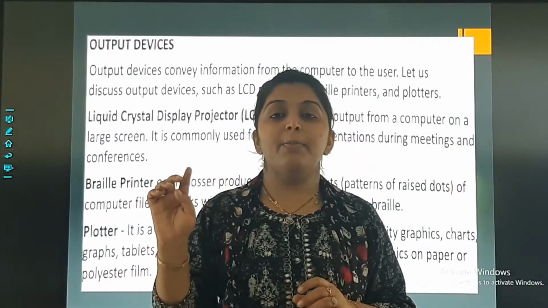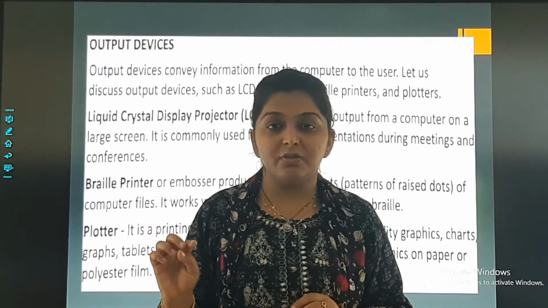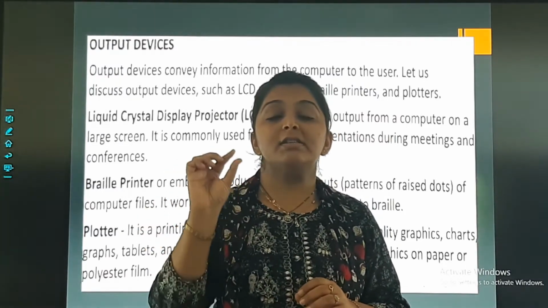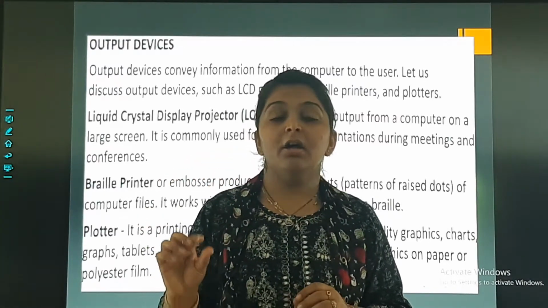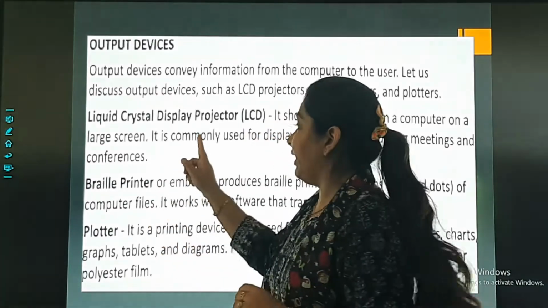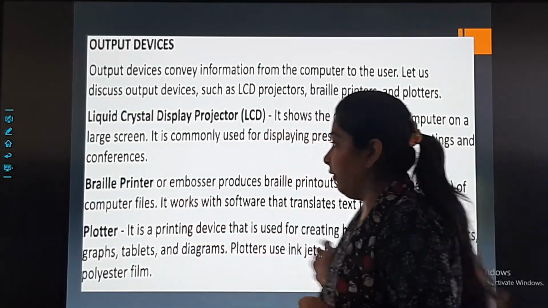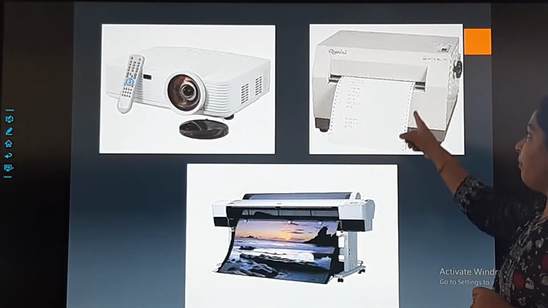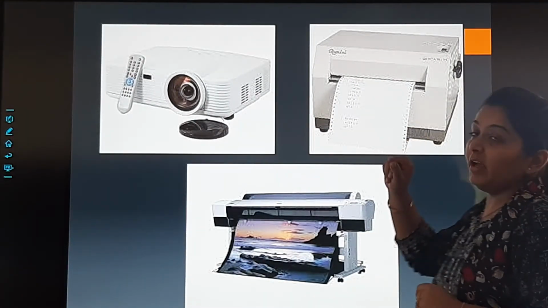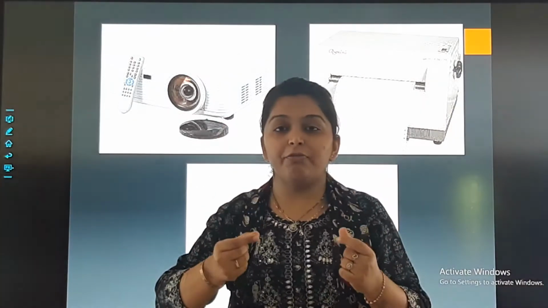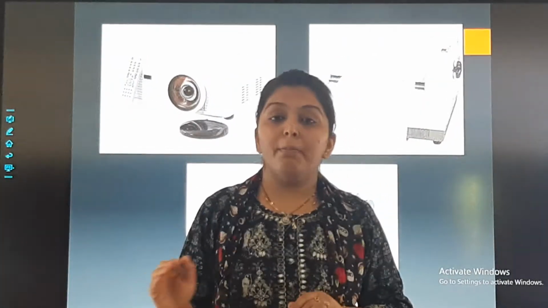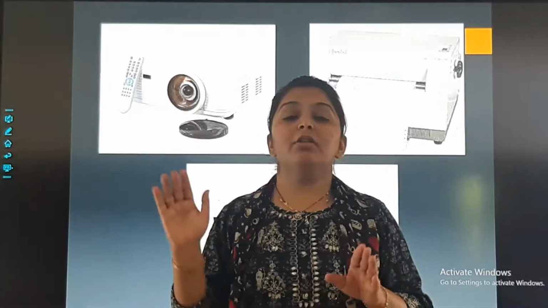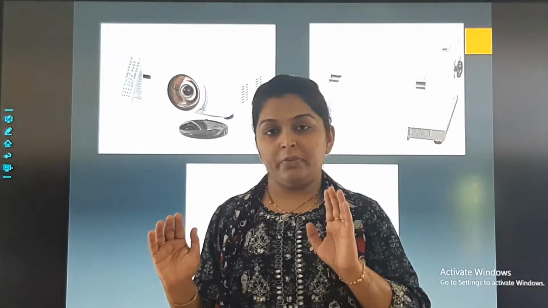They are printed in such a way that they are able to recognize each and every letter by the paper which we get from the Braille printer. I will show you the picture as well. See, this is a type of Braille printer, and we are getting the paper in such a form that a blind person can read the whole paper. Understood?